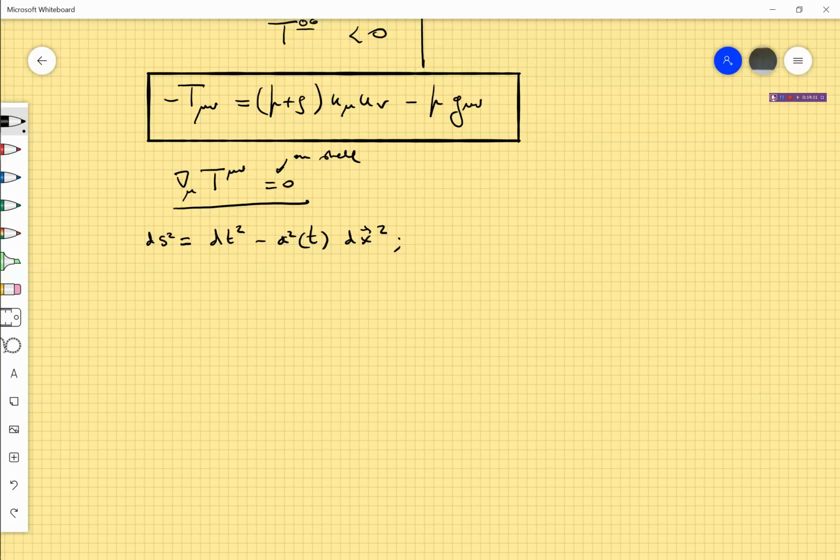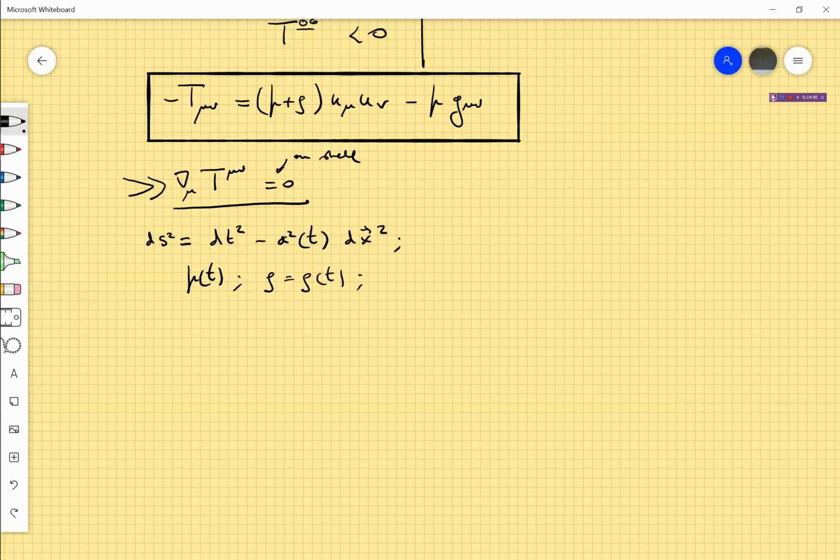Just these conditions are determined by this equation. The only dependence of this metric is on time. It is natural to think that if you have a fluid, a perfect fluid, the pressure field will only depend on time, and that the density, the energy density field, will only depend on time also.